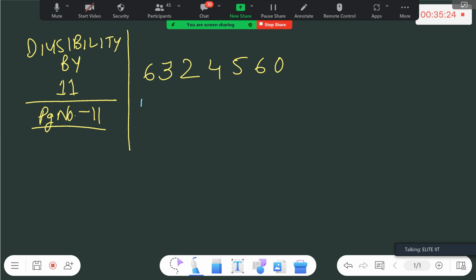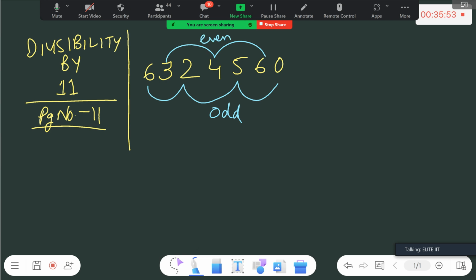If the sum of digits in even places is equal to the sum of digits in odd places, isn't it? These are your odd places, and these are the even places.